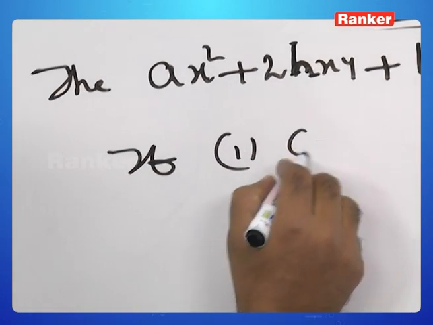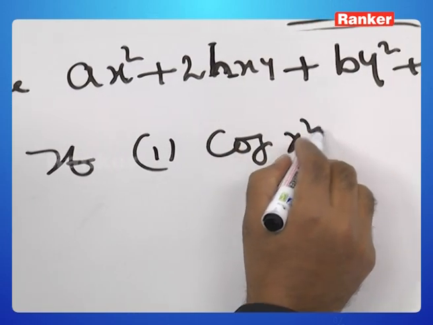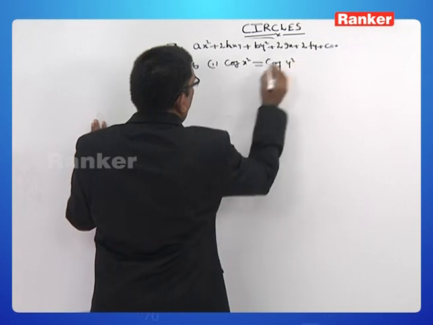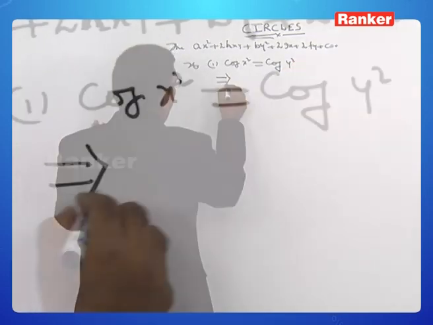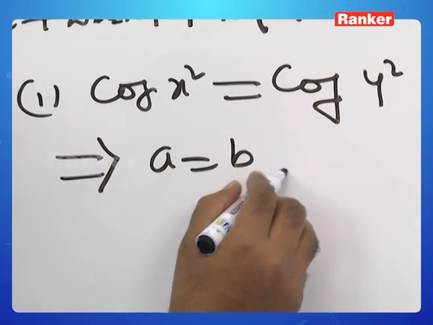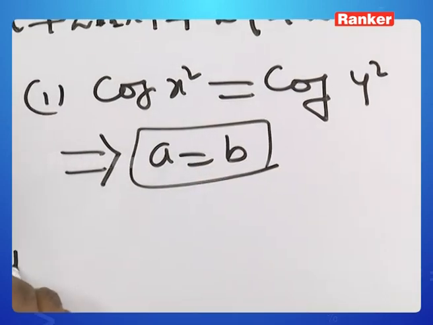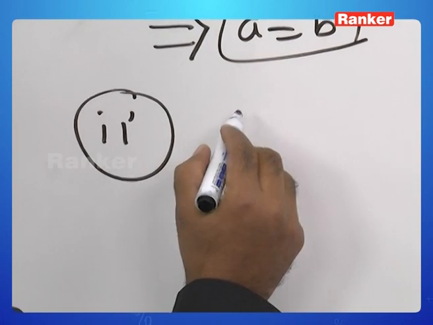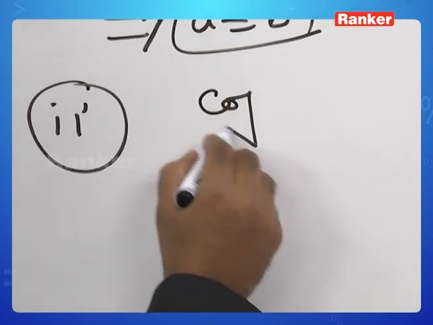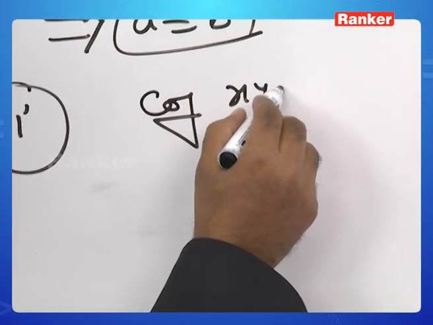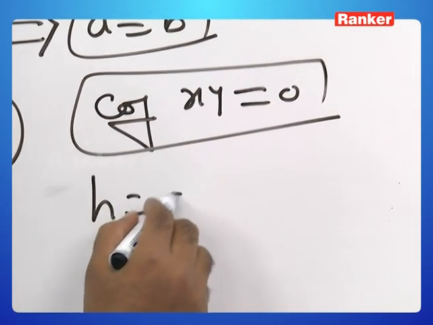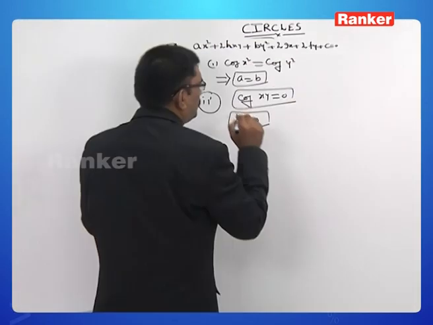This second equation also represents a circle if, first, the coefficient of x square is equal to the coefficient of y square, which implies a must be equal to b, and the second condition is the coefficient of xy is equal to 0, which implies h is equal to 0.